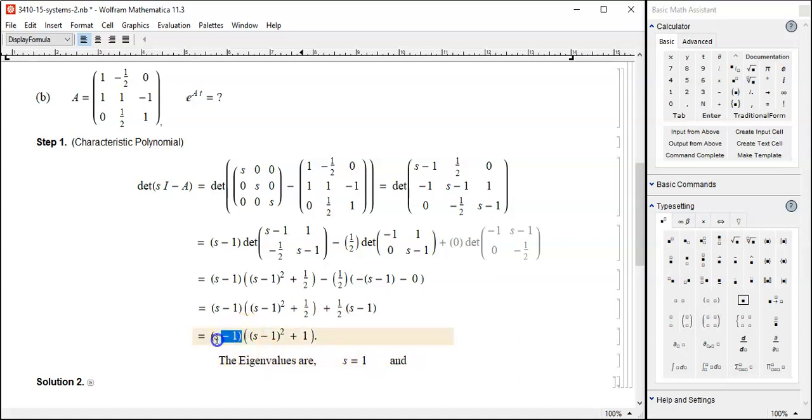From the first factor, which I'm highlighting in red, I get S minus 1. And then from the second factor cluster here, which is quadratically reducible, I can rewrite it as S equals to 1 plus I. I can write like this. Set it equal to 0, and I can do it like that in complex numbers.